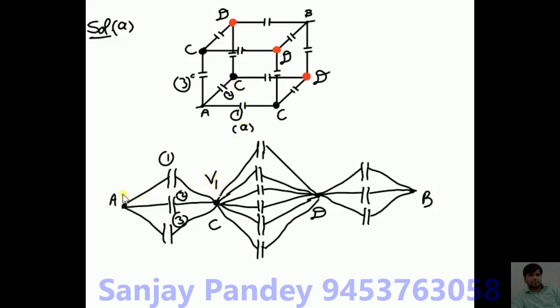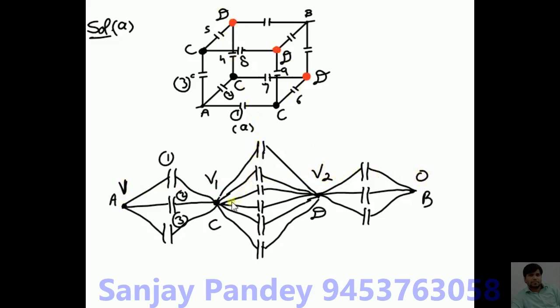Suppose the potential at point A is V, the potential at C is V1, the potential at point D is V2, and at point B it is 0.